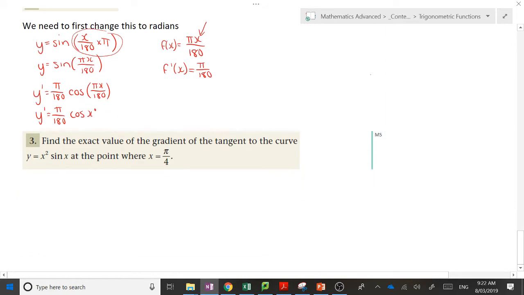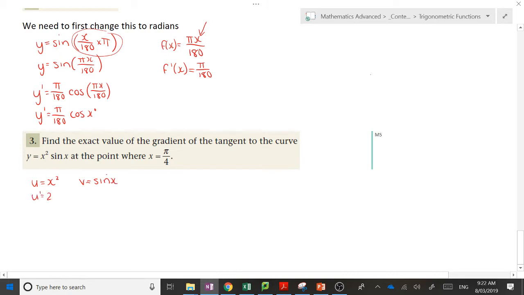So here, find the exact value of the gradient of the tangent to the curve y equals x squared sine x at the point where x equals this. It just says find the exact value of the gradient of the tangent, so I don't need to put it in the point-gradient formula afterwards. So that's nice. We have a product rule here. So u equals x squared, v equals sine x.